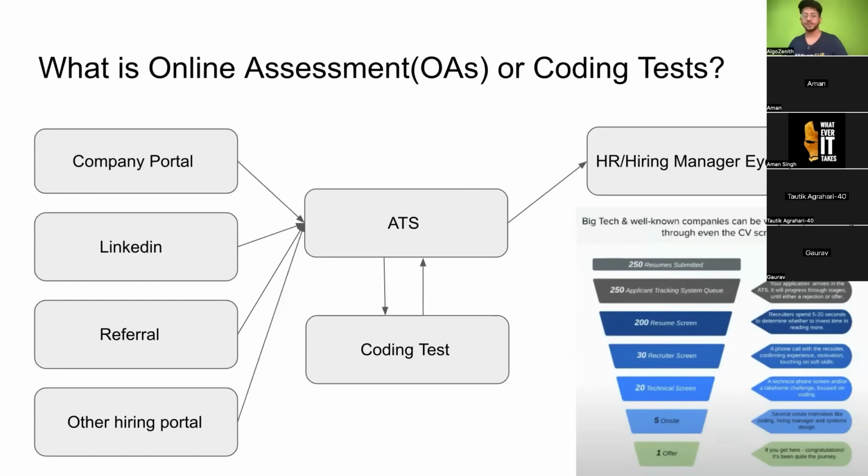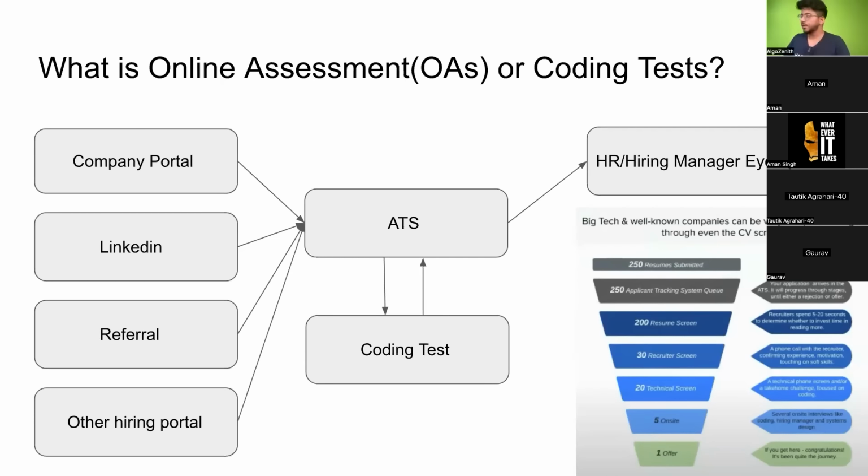Then your CV is something that will get to a human's eye after this process. Till this much, nothing happens under a human eye. Everything is automated. People apply to companies, they get an online coding test, they solve it, they get the score. Based on that, they have a minimum criteria. Based on that, they do the selections or the interviews.